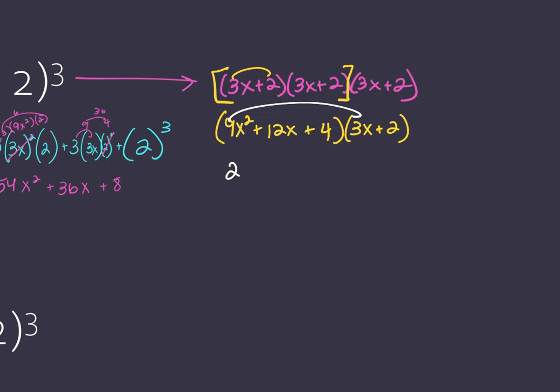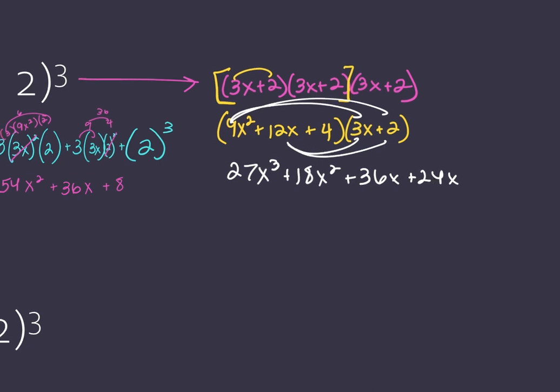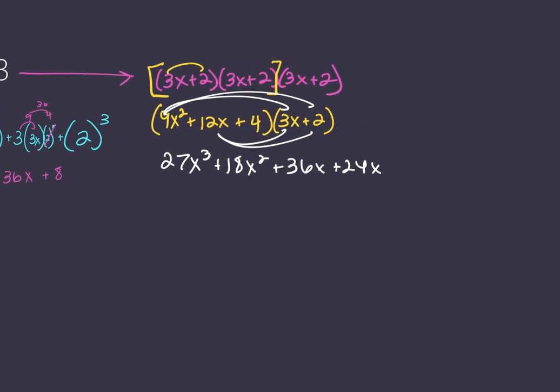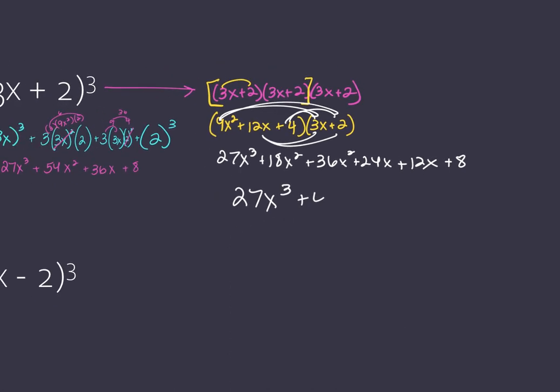Oops, I lost my 7. I'd get positive 18x squared, positive 36x, positive 24x. Oh, wait, this one is squared. And then 4x times 3x, or 4 times 3x, 12x, and 4 times 2 is 8. So I'd get 27x to the third plus 54x to the second plus 36x plus 8.